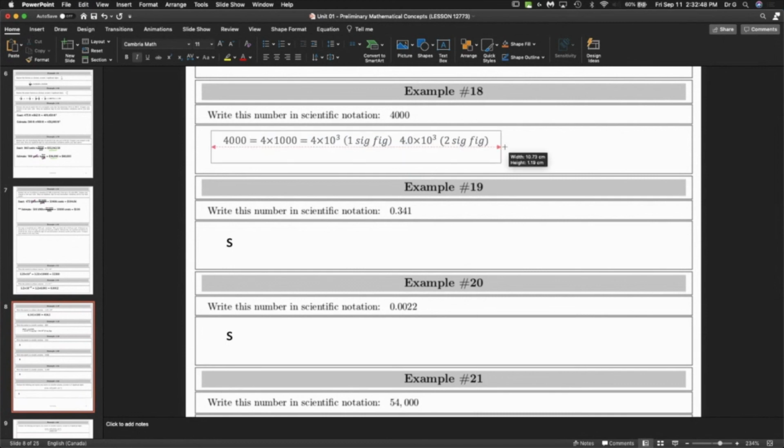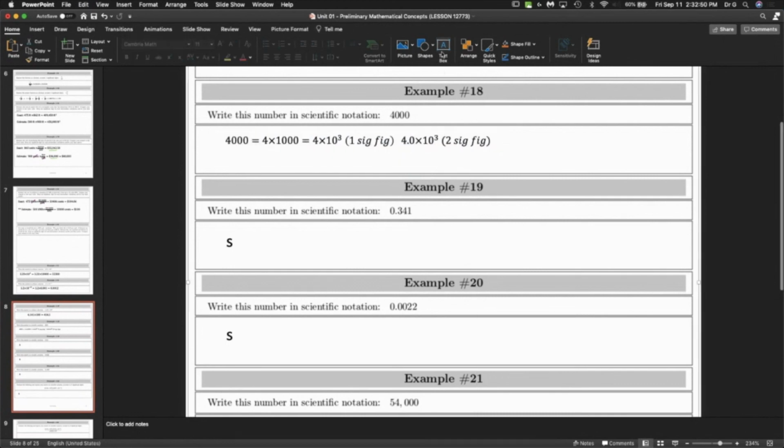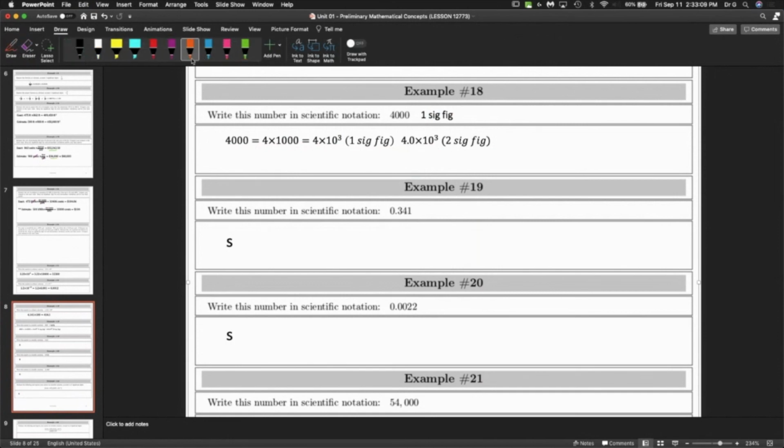So I'll answer your question with a question. How many sig figs is the 4,000 up here? Yeah. Sorry, I hate when people do that, but it'll help you learn it better, I guess. So that means that this one is no good.